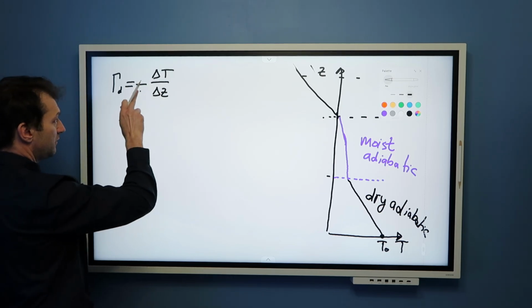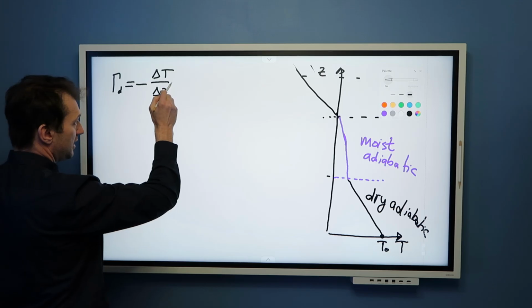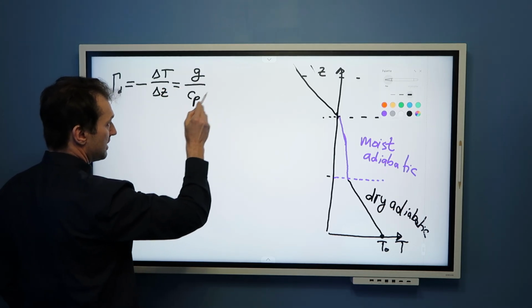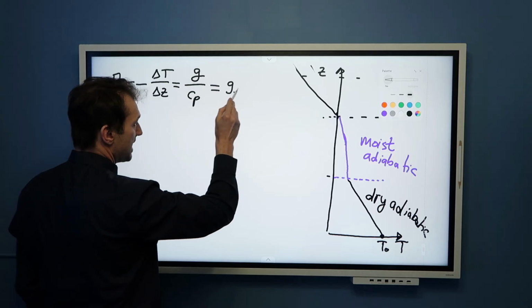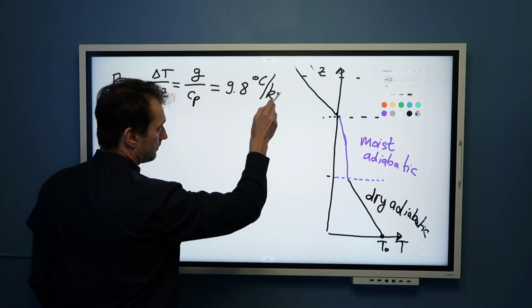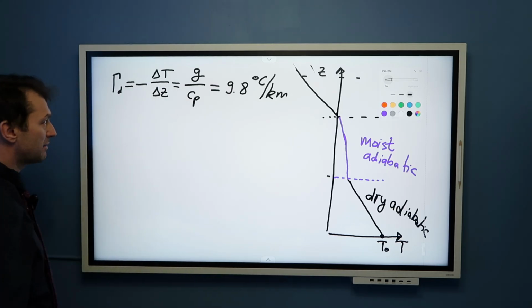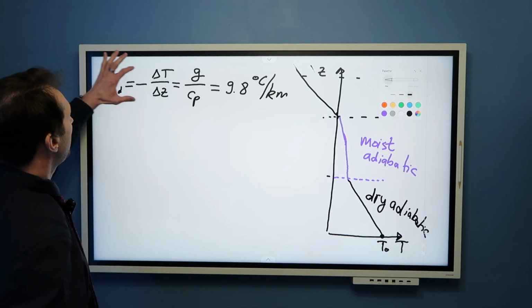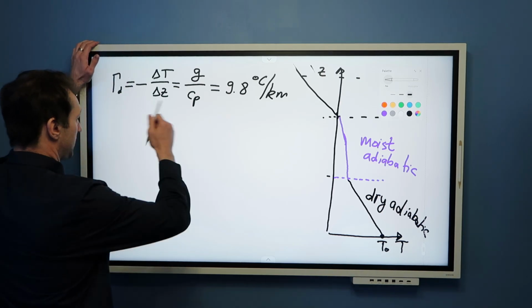Because we define it with a negative, that becomes positive g divided by Cp, and I just told you it's 9.8 degrees Celsius per kilometer. So dry adiabatic lapse rate, gamma d, is defined as negative delta T over delta z.